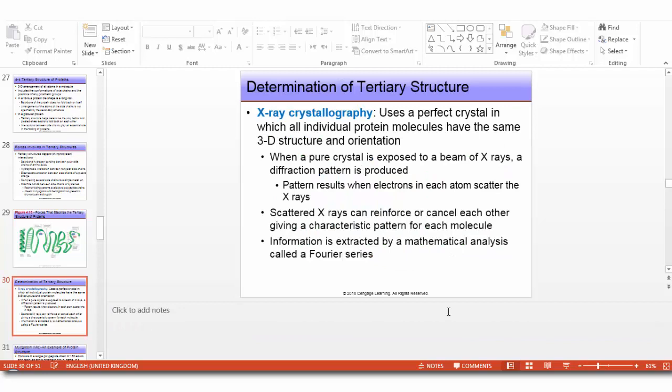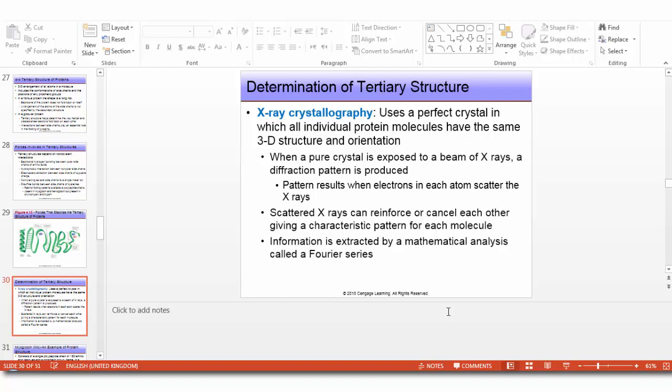How were people able to determine the tertiary structure of protein? The experimental technique used to determine the tertiary structure of protein is called X-ray crystallography, which uses a perfect crystal in which all individual protein molecules have the same three-dimensional structure and orientation.